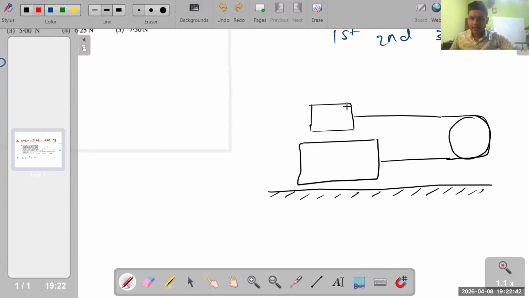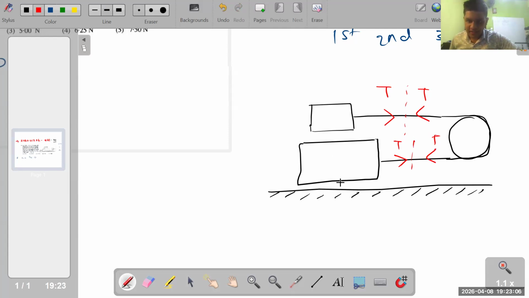If there is a string and there's a mass, confirm there would be a tension created. So here in this direction there's a tension, in this direction there's a tension, and here there's a tension, here there's a tension, right?